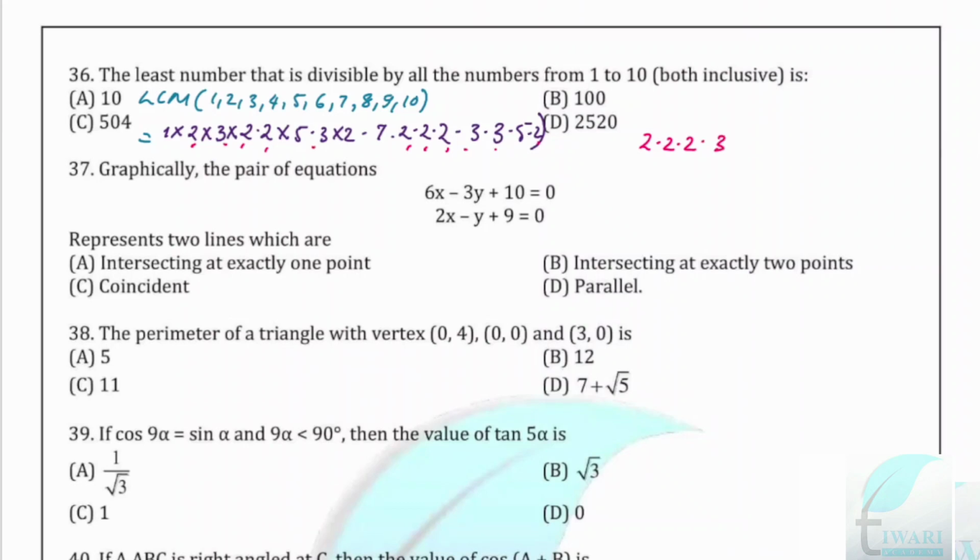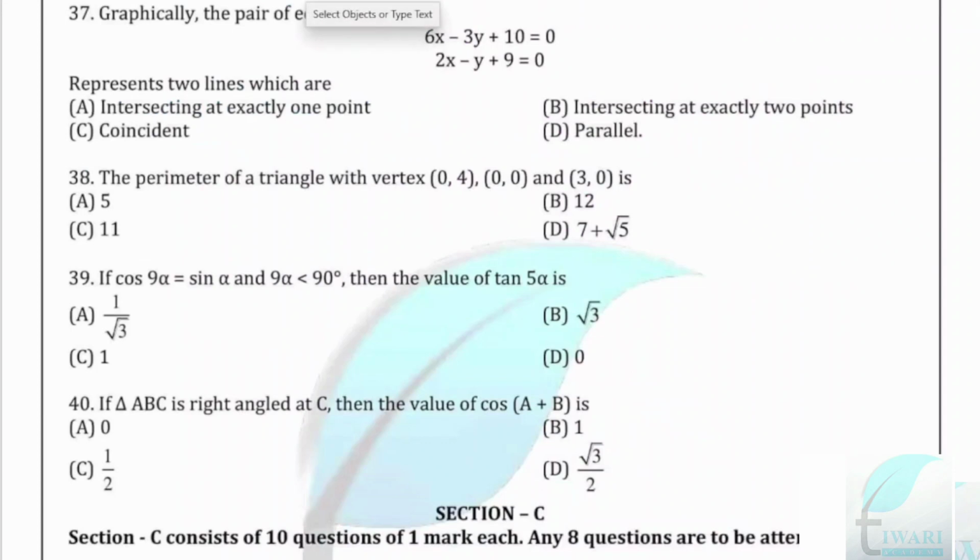So 3 into 3. How many number of 7 and 5's are there? Only 1 seven and only 1 five. Into 5 into 7. So the LCM value is 2520. So option D is right answer.